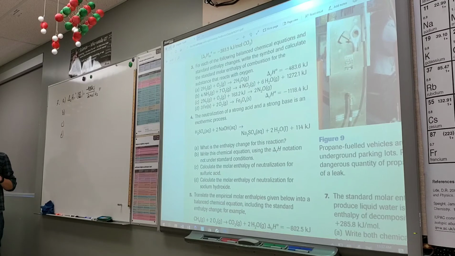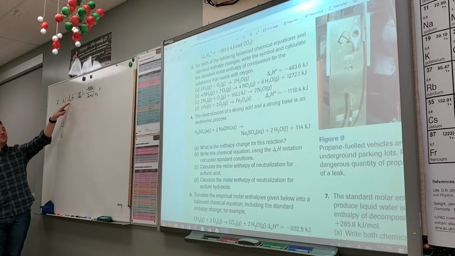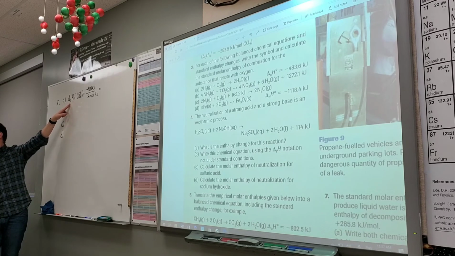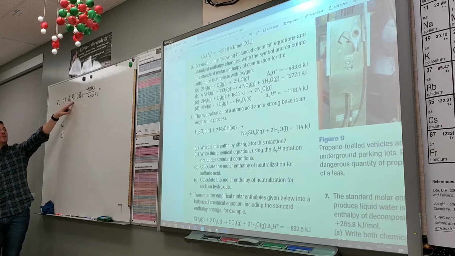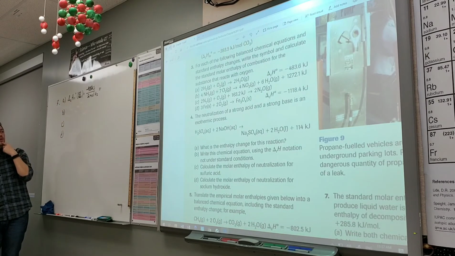Okay. So we want the molar enthalpy of combustion for this reaction. It's negative 483.6 kilojoules for every 2 moles. And then we divide that.